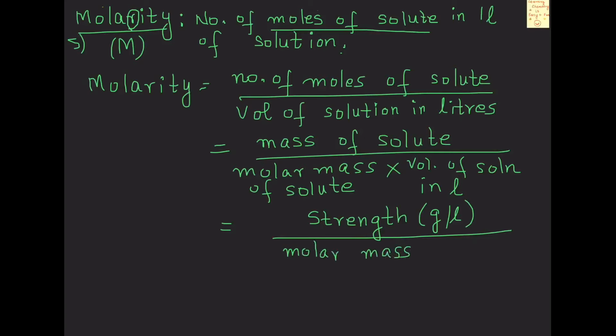Very good. It's the molar mass of solute. Please don't forget here. In the first definition, you've got the solution over here. That's the volume of the solution in the first formula. Whereas when we bring it down to the last formula, it's strength divided by the molar mass of the solute.